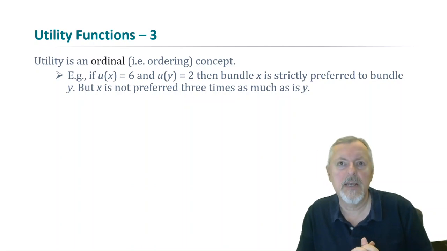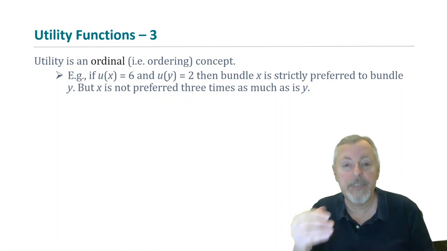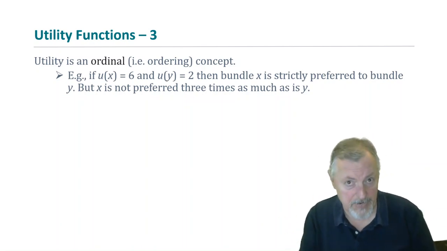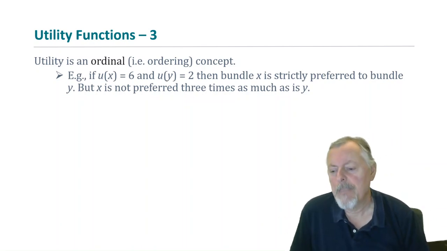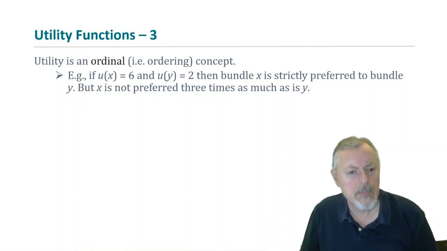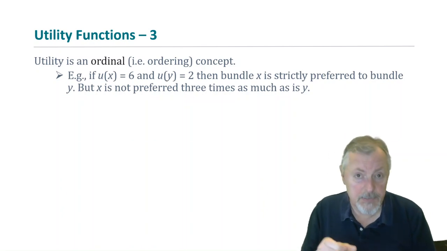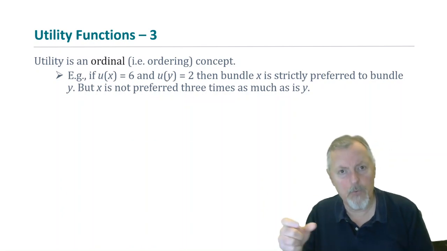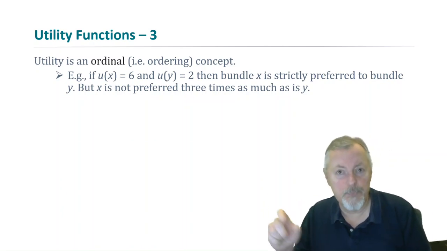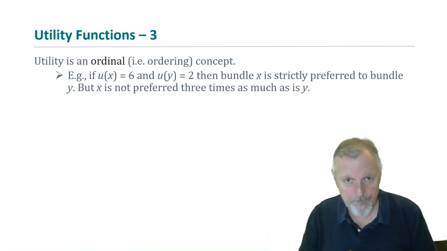So that if your utility from this is 5, and your utility from that is 7, you could subtract and say, well, the amount by which you prefer the second over the first is 2.